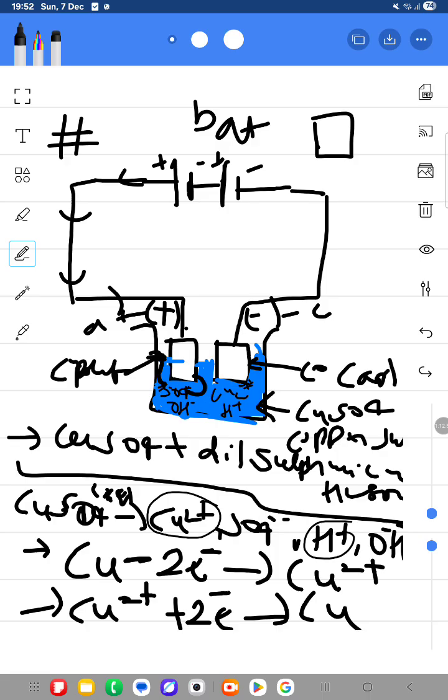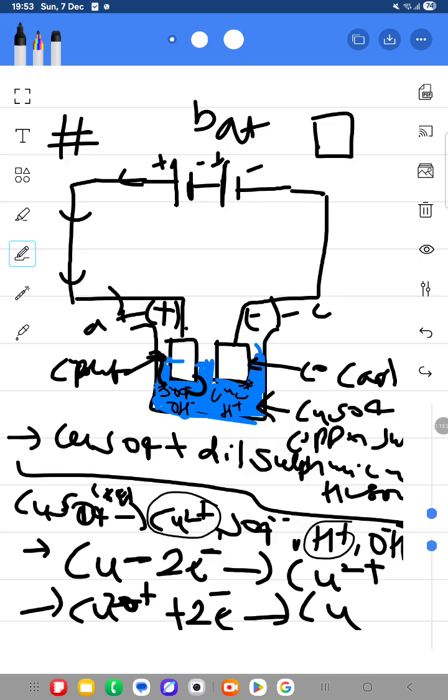Now we are going to understand this. What does it mean? Firstly we will understand the negative side. There, Cu2+ plus 2 electrons will form copper.